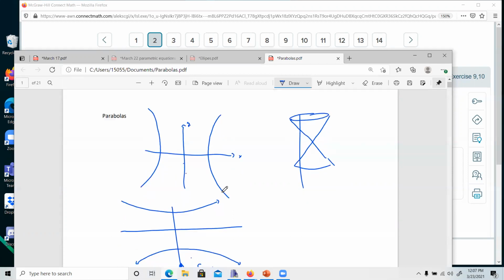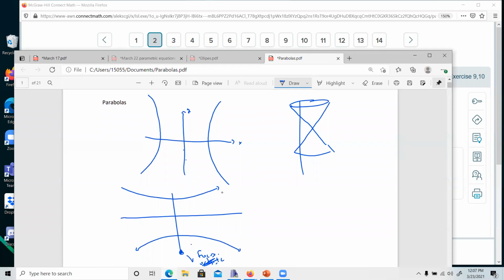Let me give you the general form here: x minus h squared over a squared, minus y minus k squared over b squared, is equal to 1.